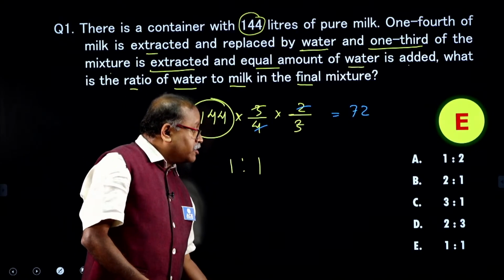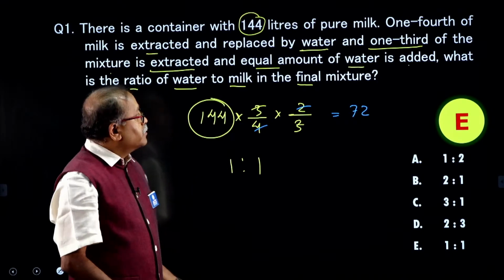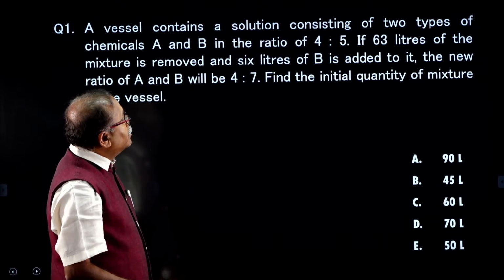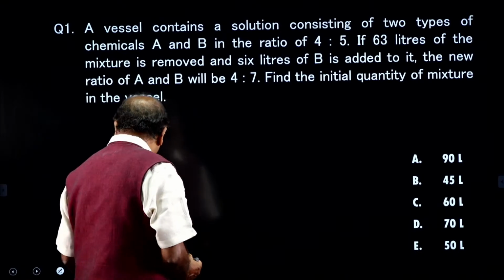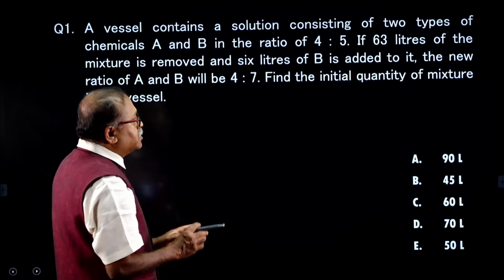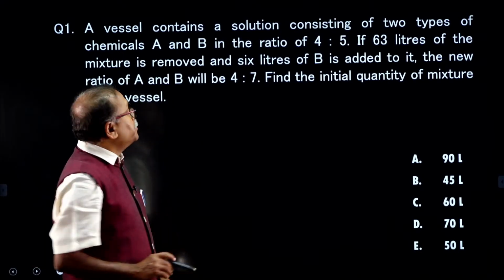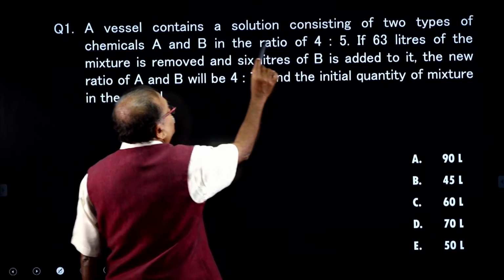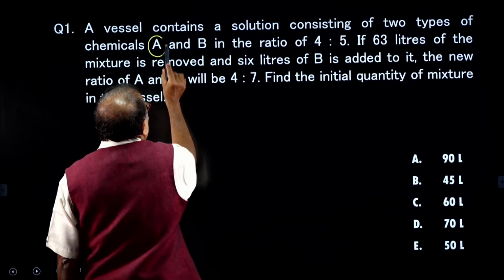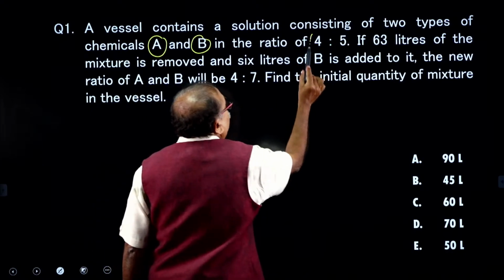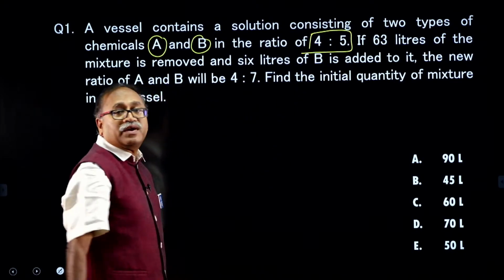The next question on your board is this. Look at this question. Okay, some text is there, but do not bother here. These all usually come at the prelim level, right. A vessel contains a solution of two types of chemical A and B in the ratio of 4:5.